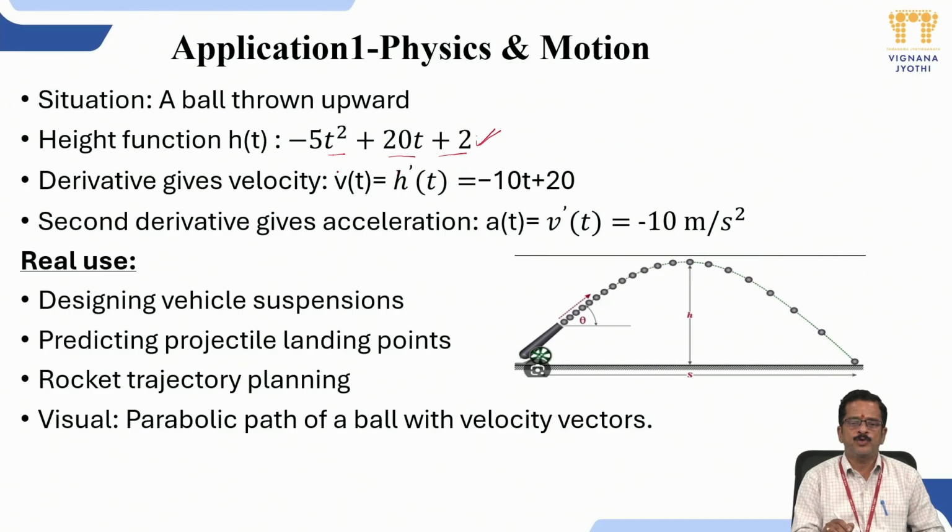Now the derivative of this function is h dash of t. Minus 5 into t square, the differentiation of t square is 2t, plus 20t, whose differentiation is 1, plus 2, whose differentiation is 0. So it equals minus 10t plus 20. This is h dash of t.